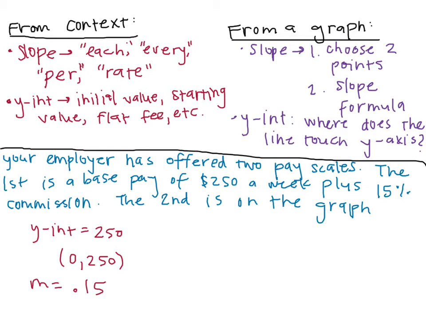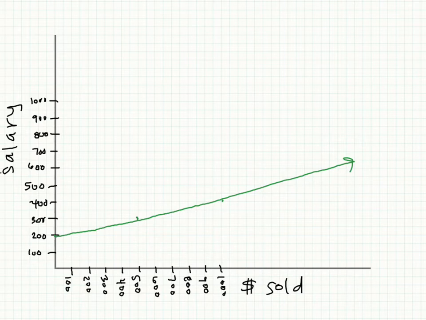Now let's look at the graph, and that's going to be on the next page. Once again, I need to find the slope and the y-intercept. Well, slope is found by identifying 2 points. So I have a point right here at 0, 200, and I have another point right here at 500, 300.